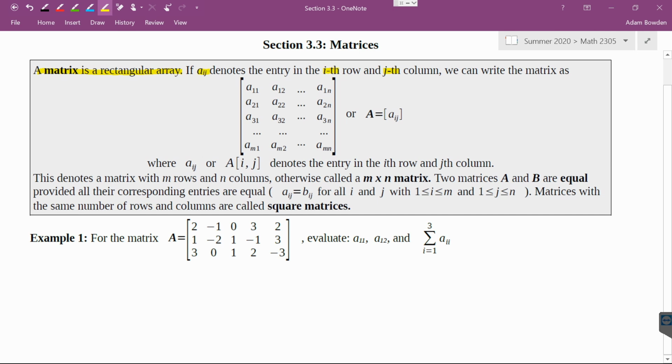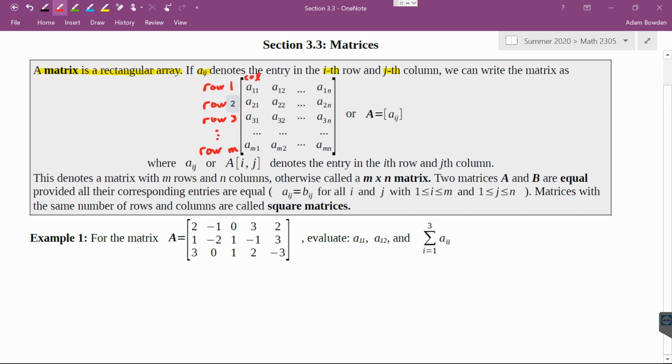We write the matrix as this rectangular grid array of different entries, again labeled with the subscript notation of i comma j for the ith row and jth column. So we see here row 1, row 2, row 3, all the way down to row m.